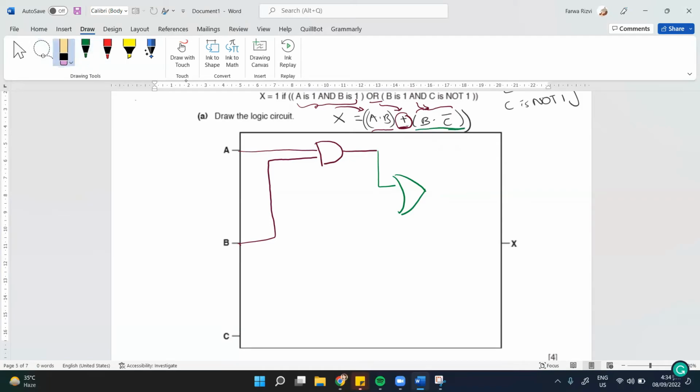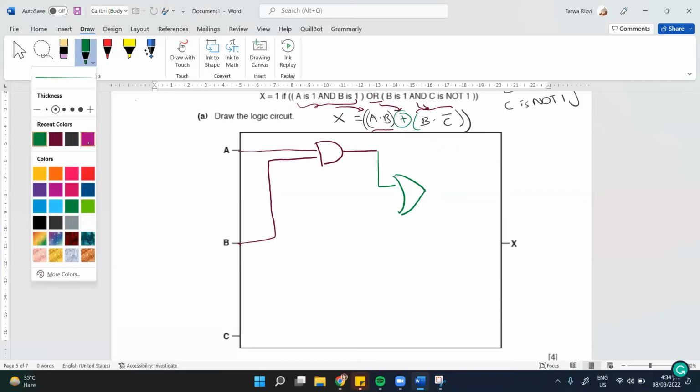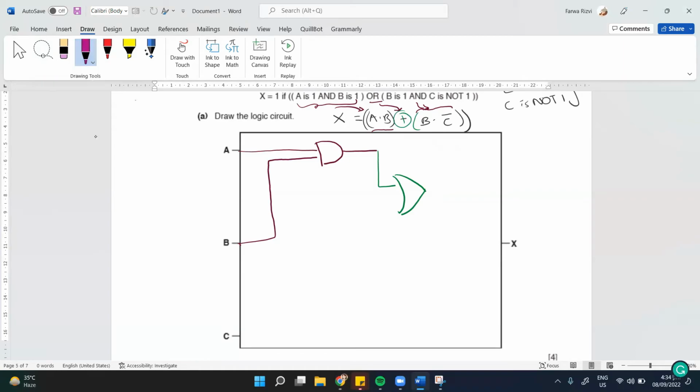Let me actually, sorry? It could be, wait. An OR gate, I think.